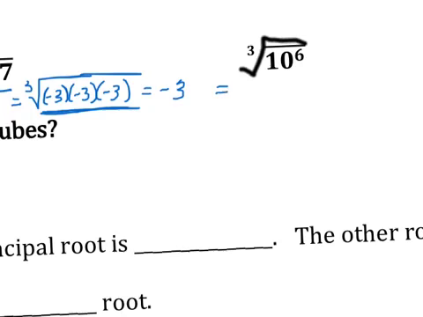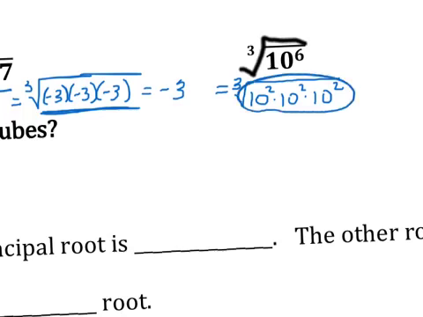If I had 6 pieces of pizza and I wanted to group them into 3 equal parts, I would group them by 2's. So 10 squared, 10 squared, and 10 squared. These represent 3 identical numbers multiplied together. So what comes out is 10 squared, and 10 squared is 100. We did that without the use of a calculator.